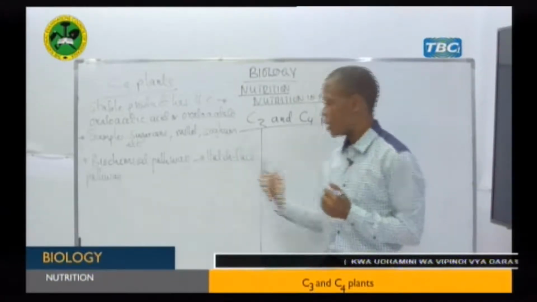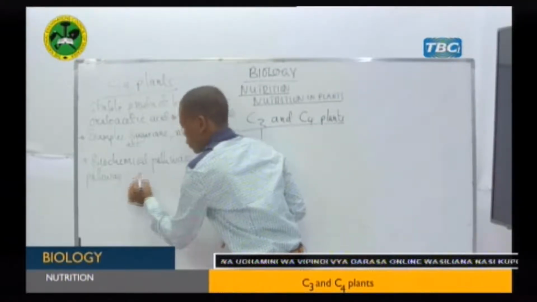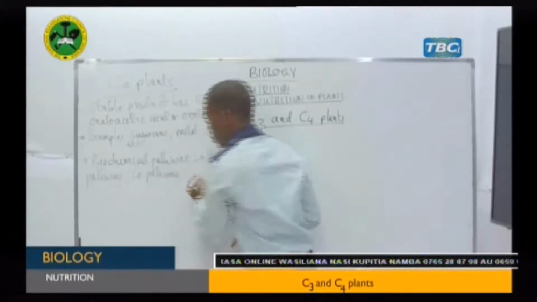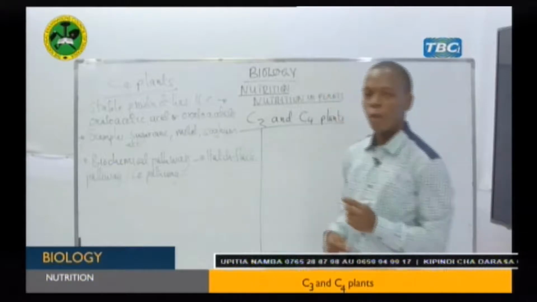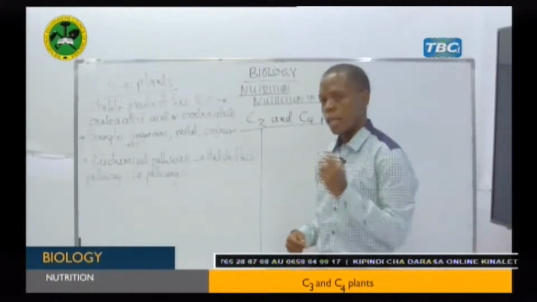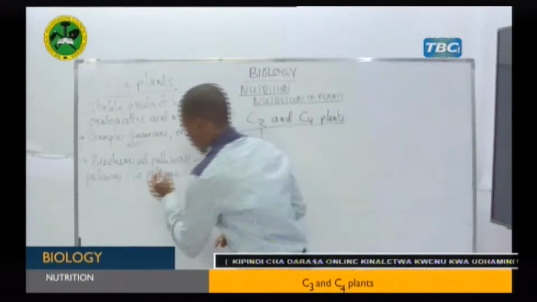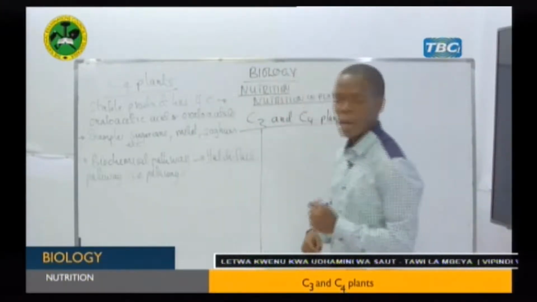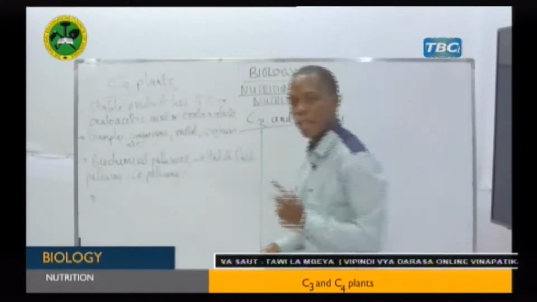Therefore, this Hatch-Slack pathway is also known as the C4 pathway. How this C4 pathway occurs, we shall see later. But also another pathway, as I said, there are two main pathways. The first one is the Hatch-Slack pathway, but the second one is the normal pathway of C3 plants.